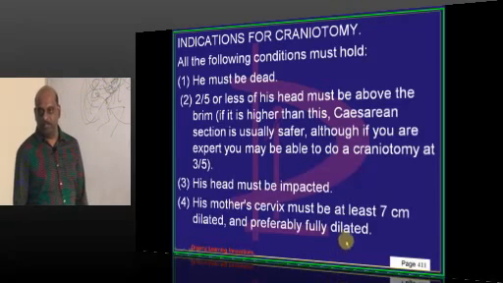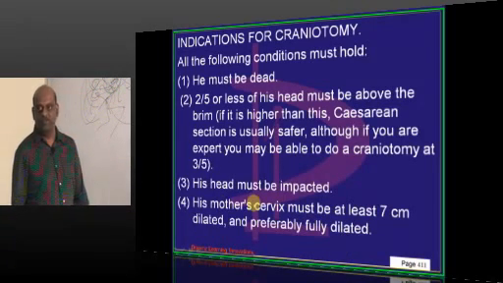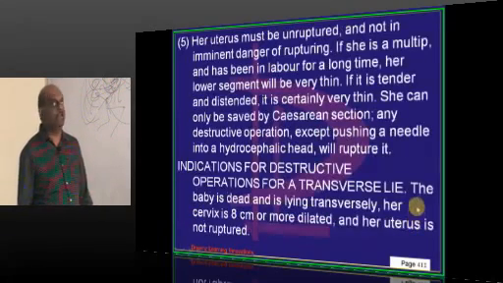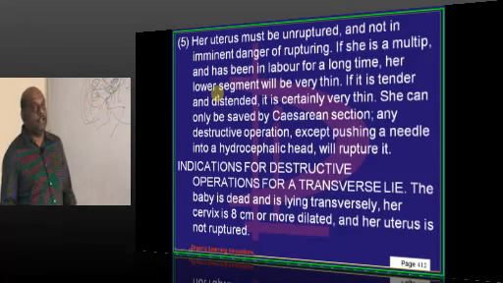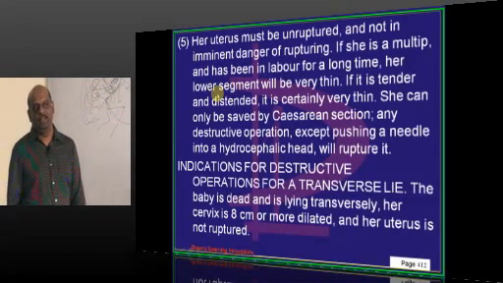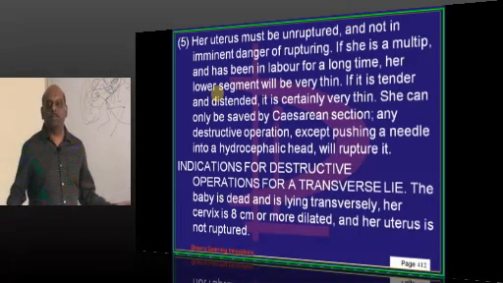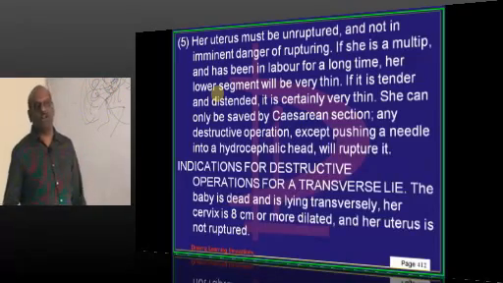That does not mean you kill and do it. Then the head must be impacted. The cervix must be at least 7 centimeters dilated. And her uterus must be unruptured or not in imminent danger of rupturing. If the Bandl's ring is already there, it means the uterus is so thinned out and ready to rupture anytime, right? So you will kill both baby, already baby killed. In the process of destroying him, you are destroying the mother, not correct.